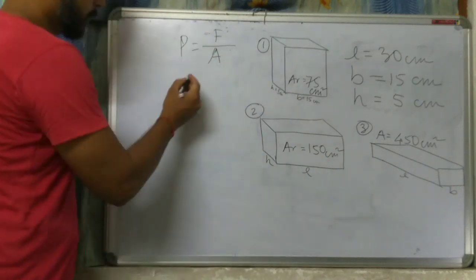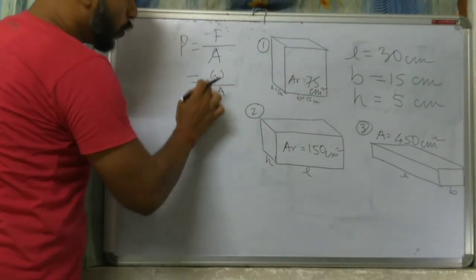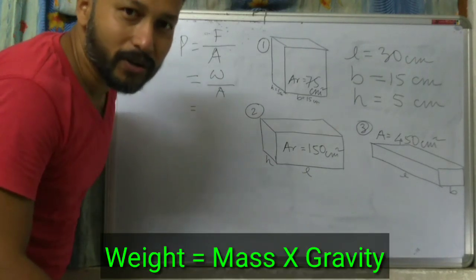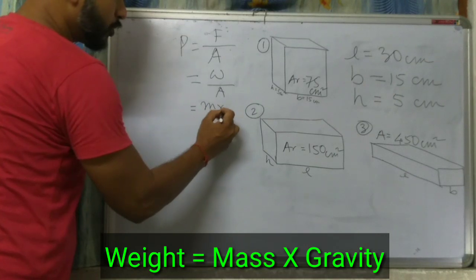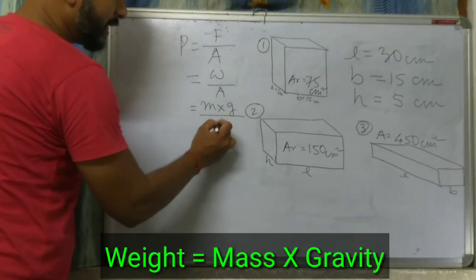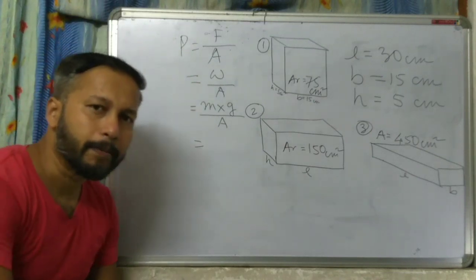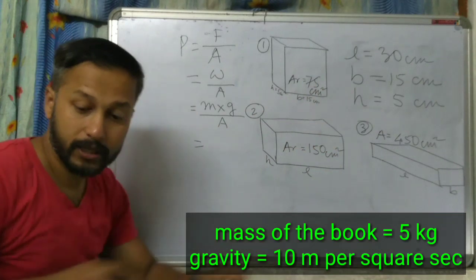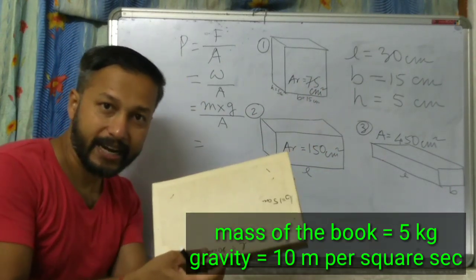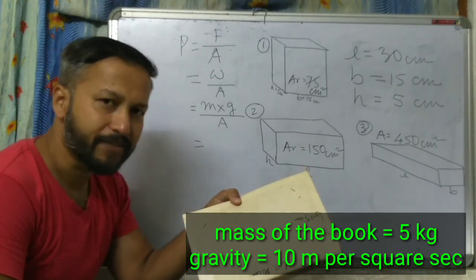Now, force means weight by area. Weight means mass into gravity. Weight means mass into gravity by area. If I say that the mass of this book, the book which I have taken, is say 5 kg.